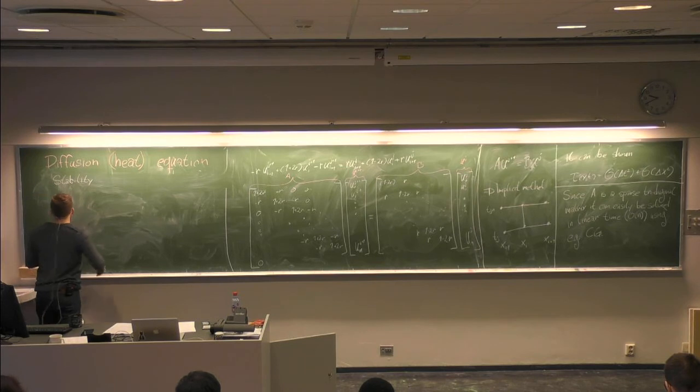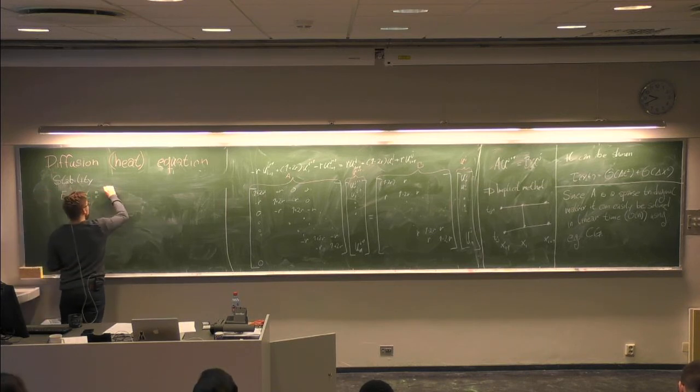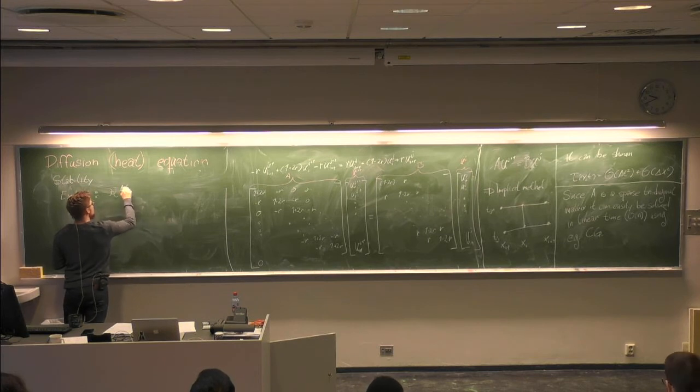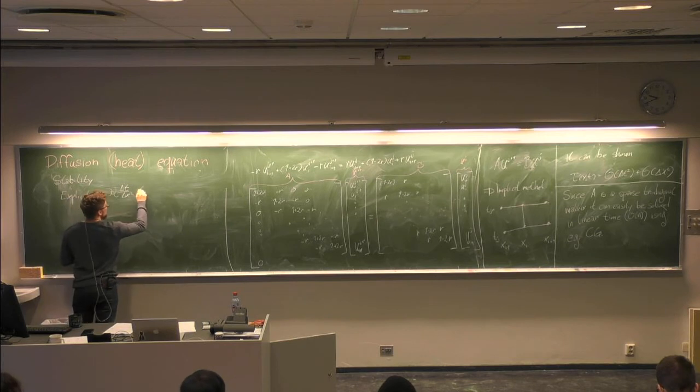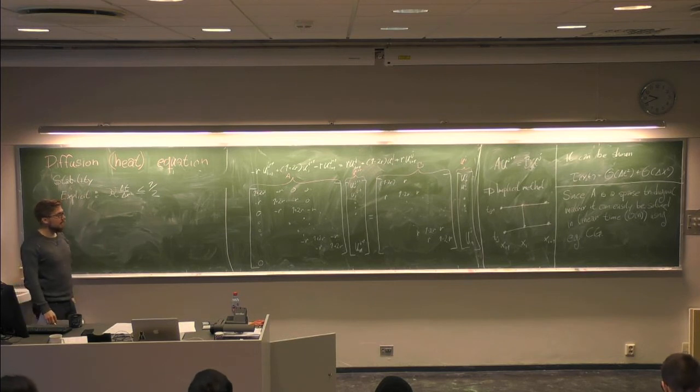Stability, let's see. So for the explicit method, we need that kappa delta t over delta x squared be less than or equal to 1/2, at least.